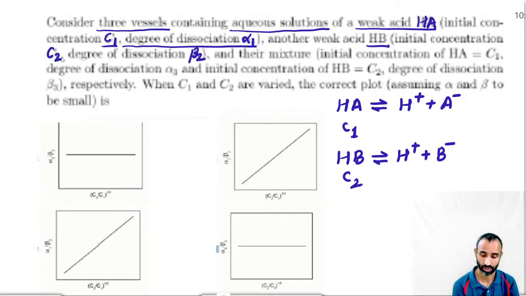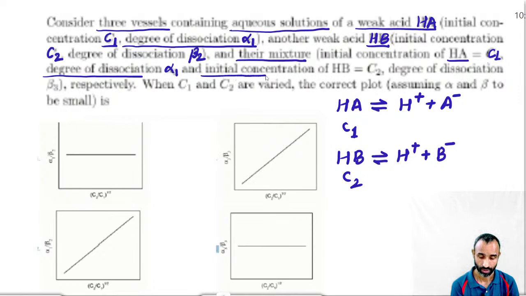Concentration is, and their mixture: HA with C1, degree of dissociation alpha 1, HB with concentration C2, degree of dissociation beta.